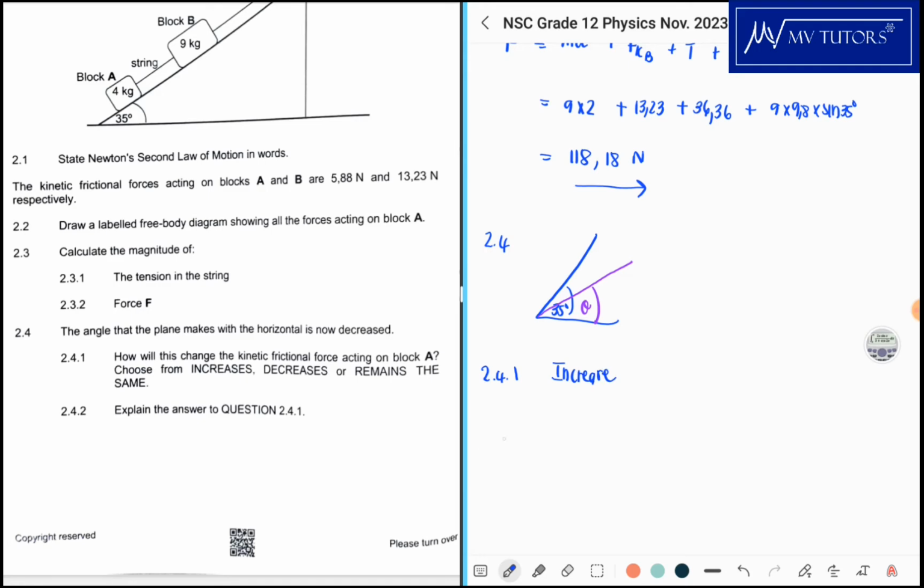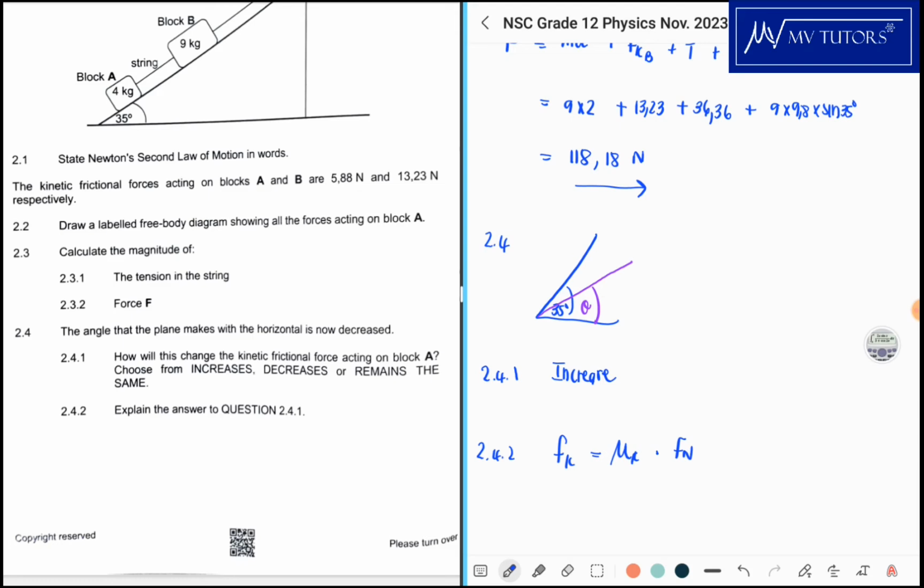And then now 2.4.2, we need to explain the answer to question 2.4.1. So kinetic frictional force, right? That is equal to our constant there multiplied by the normal force.